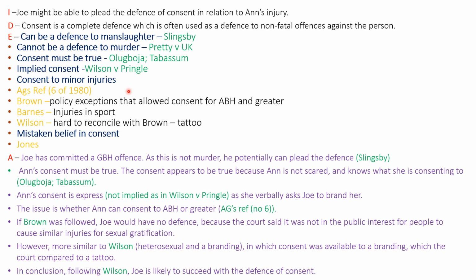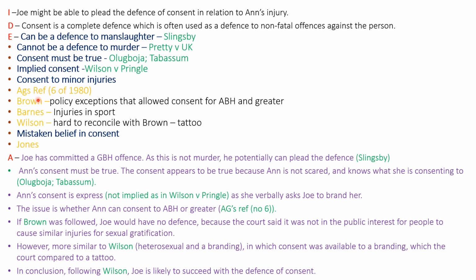And the court said that unless it comes within any of the established exceptions of properly conducted games and sports, lawful chastisement, reasonable surgical interference, dangerous exhibitions, cosmetic enhancements, I should say, sorry, or horseplay. So you can't consent to getting involved in a fight, unless it's a properly conducted sport like boxing, and it's a public policy rule that you can't consent to ABH or greater.